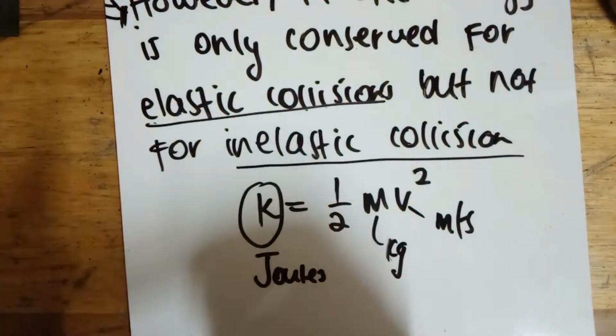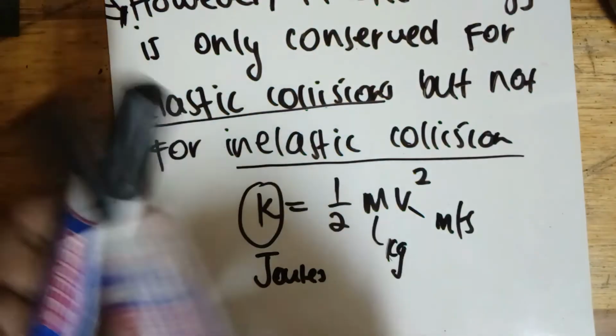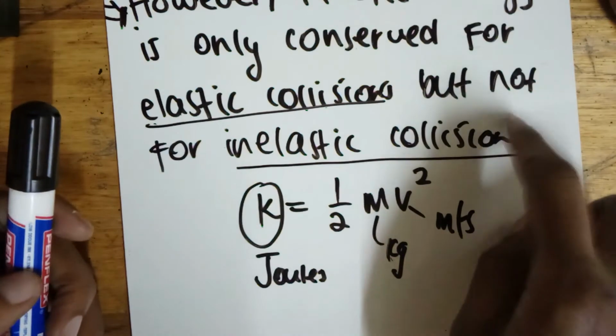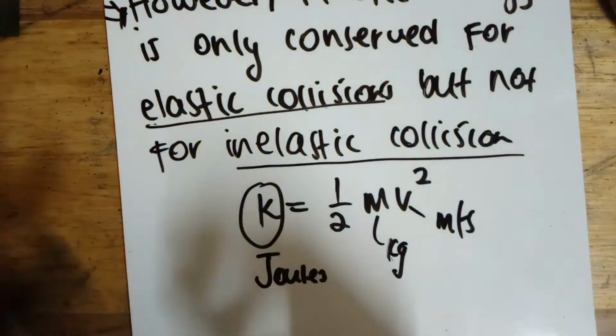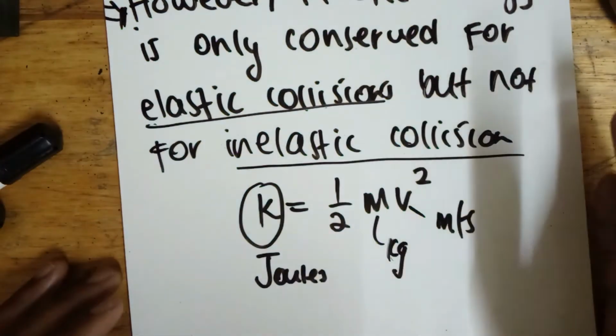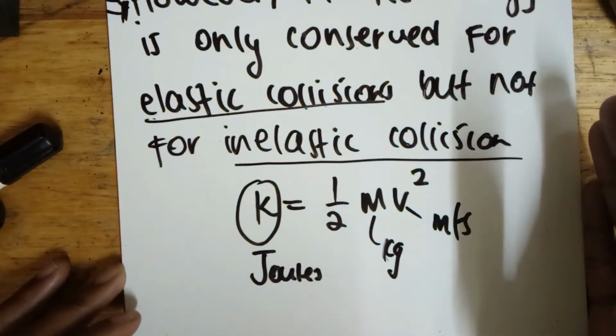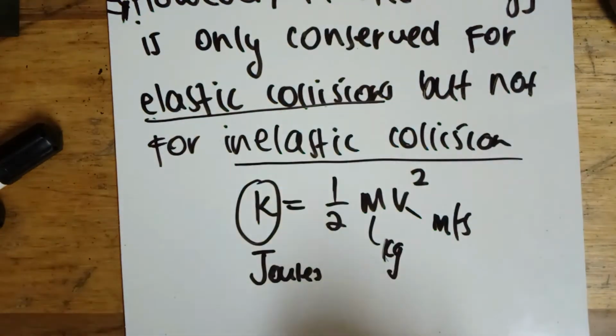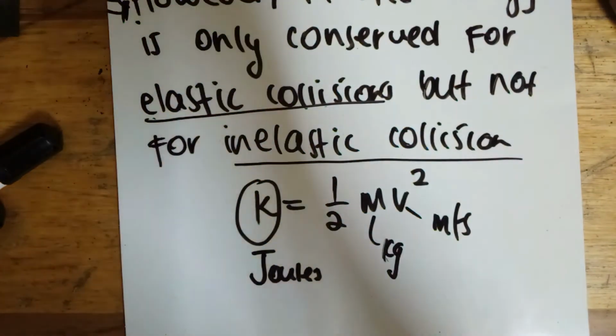Hence, that's why in an inelastic collision, kinetic energy is not conserved. This means that the total kinetic energy before collision is not equal to the total kinetic energy after collision. But you're going to do a calculation, and all of this will make sense.